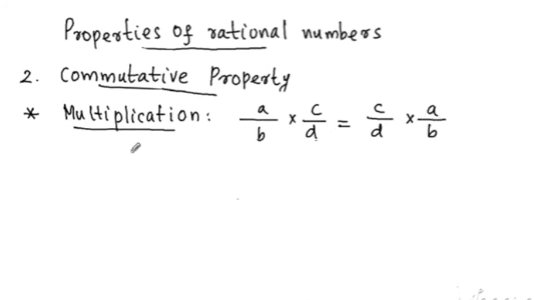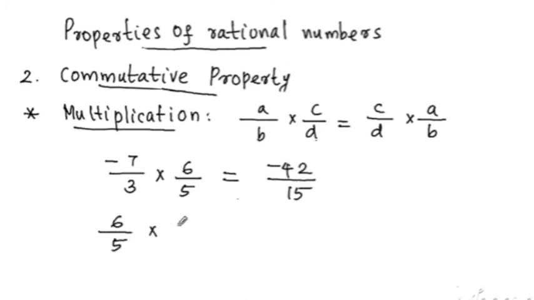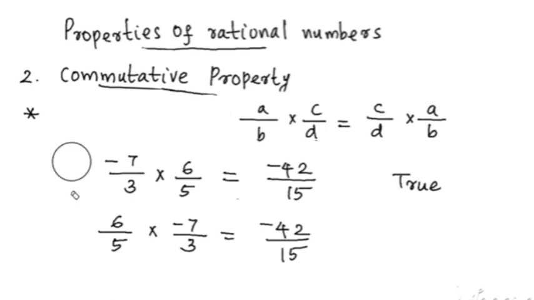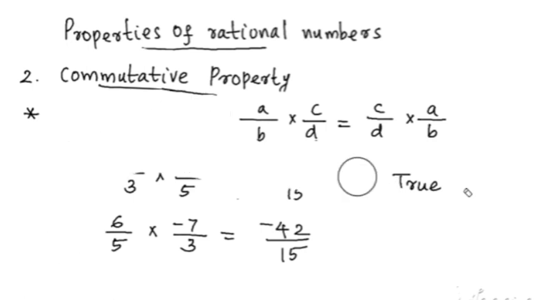In order to verify this result, we can take the numbers negative 7 by 3 and 6 by 5. Multiply the numerators, you will obtain negative 42, and if you multiply the denominators, you will obtain 15. So the solution is negative 42 over 15. Similarly, do the reverse. You will obtain the same one, negative 42 by 15, and you can see this commutative property is true in case of multiplication. So multiplication satisfies the commutative property.